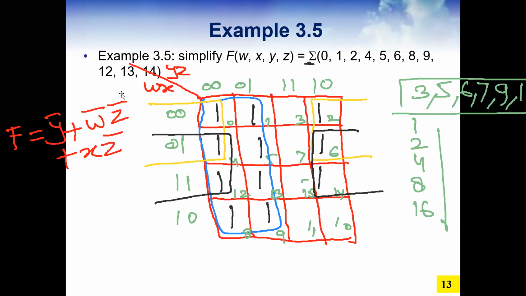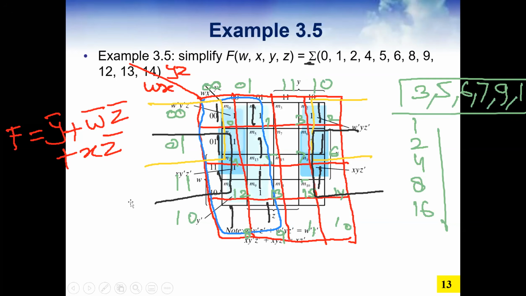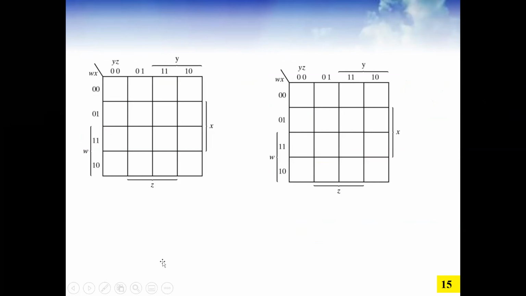I'll give you more examples quickly of this, with a blank page. Now I have this blank. I will be filling in some entries and I will ask you to combine them. These are the entries.